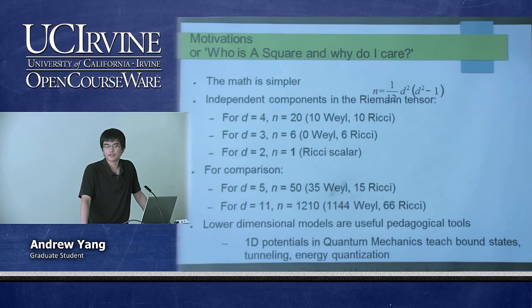Or in statistical mechanics, in 2 dimensions, the Ising model gives you an exactly solvable system and yet lets you see things such as phase transitions.